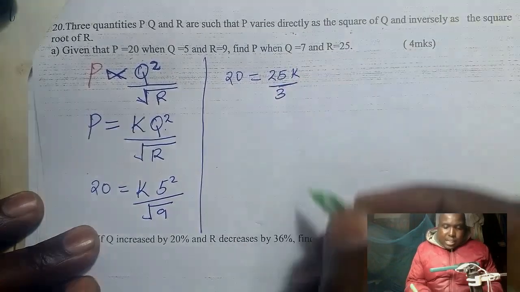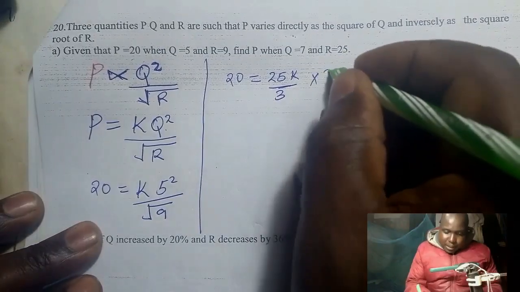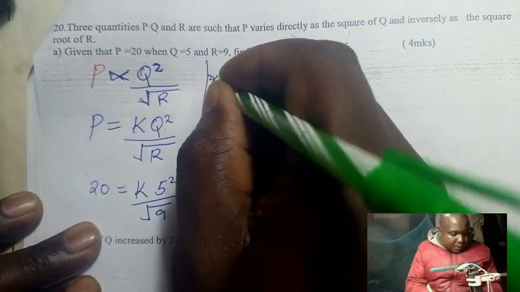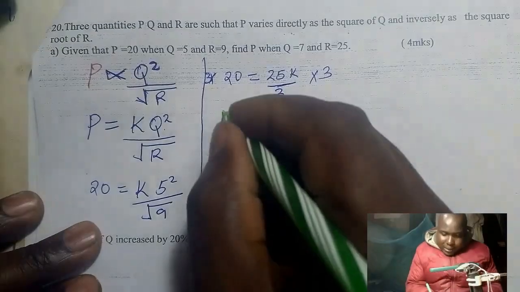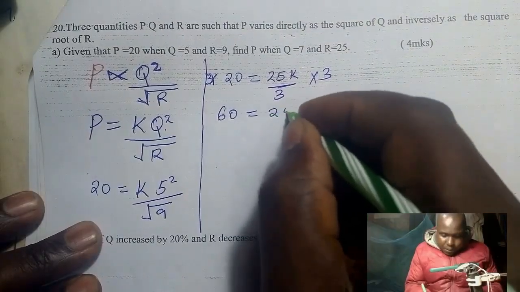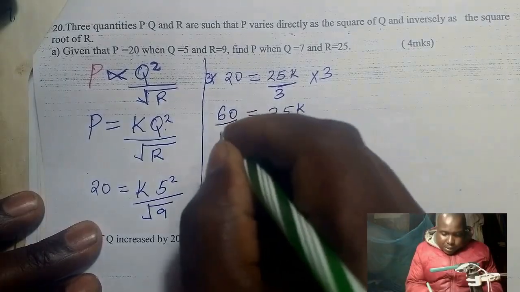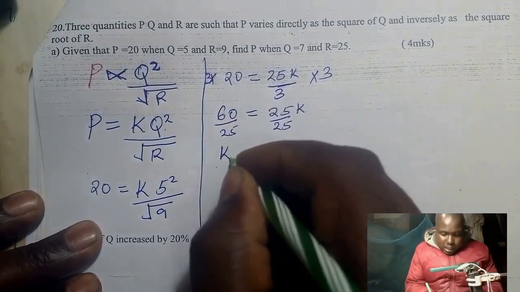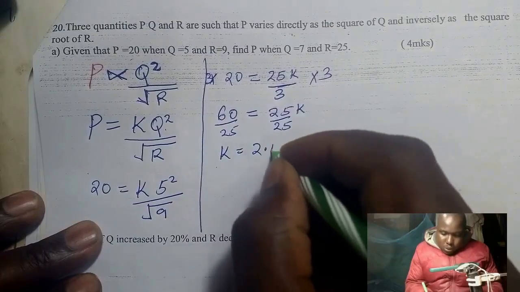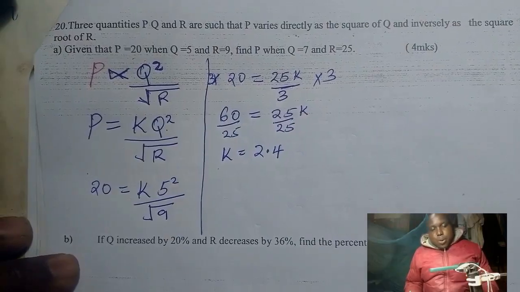The square root of 9 is 3. Now we multiply both sides by 3, so 60 is equal to 25k. Divide by 25 on both sides. So k is equal to 2.4. So our k is 2.4.